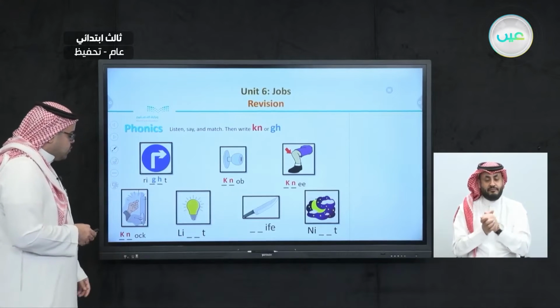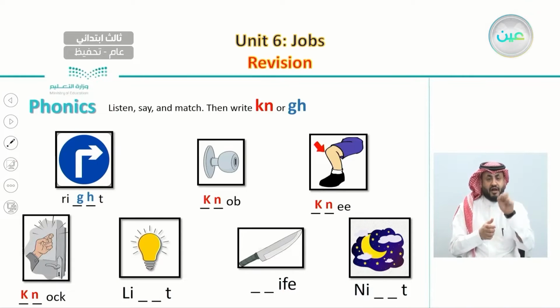And also here we have the word knock. Here the K is silent and we say knock. And also the word light. Here we wrote G and H without pronouncing them, so the word will be light.